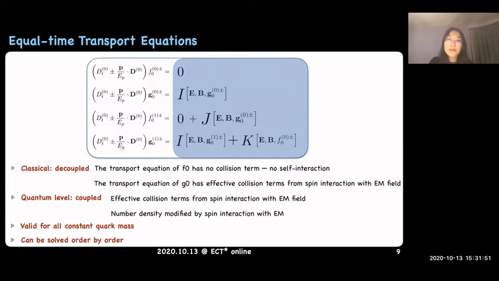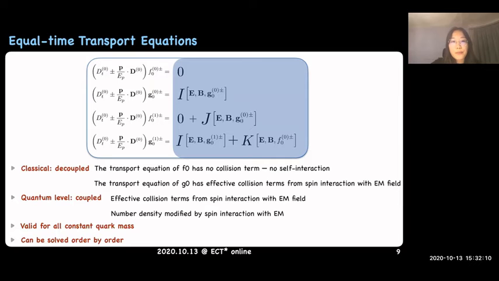Since we're now considering a system without self-interaction, but only the interaction with the background electromagnetic field, we have at classical level the free streaming transport equation of the number density F0.